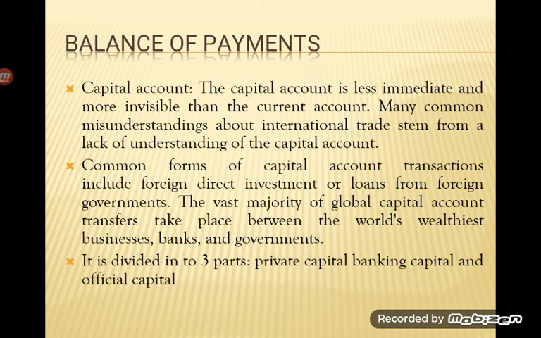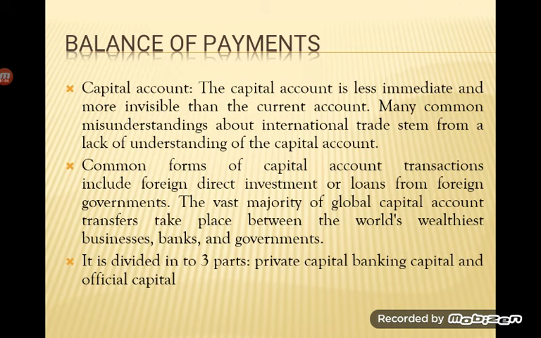Why? Because common forms of capital account transactions include foreign direct investments or loans from foreign governments, rather than the income earned in the form of net factor income or balance of trade, etc. Because of this reason, the current account is considered more accurate and immediate compared to the capital account.